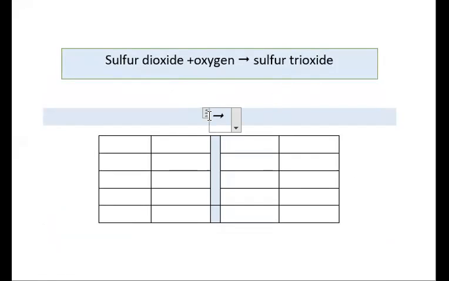I want you guys to try to give me a chemical equation for this. First of all, what is the chemical formula for sulfur dioxide? Here, the sample says SO.